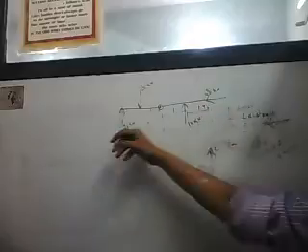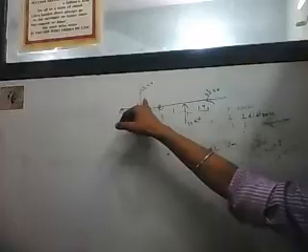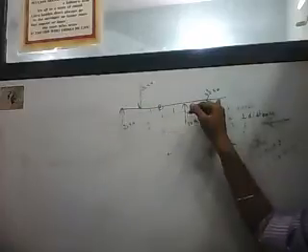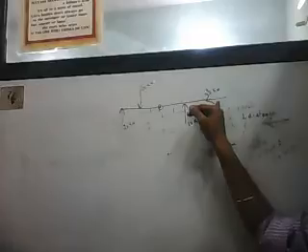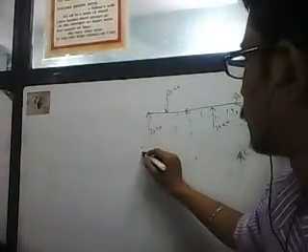This one is 20 kilonewton, this one is 20 kilonewton, this one is 10 kilonewton, and this one is 20 kilonewton. Right now, we have to take the summation of moment.